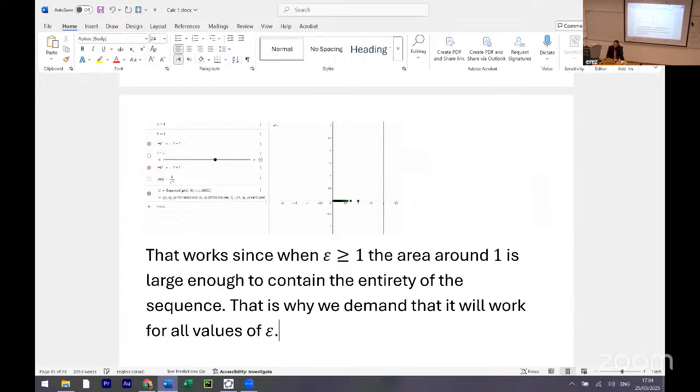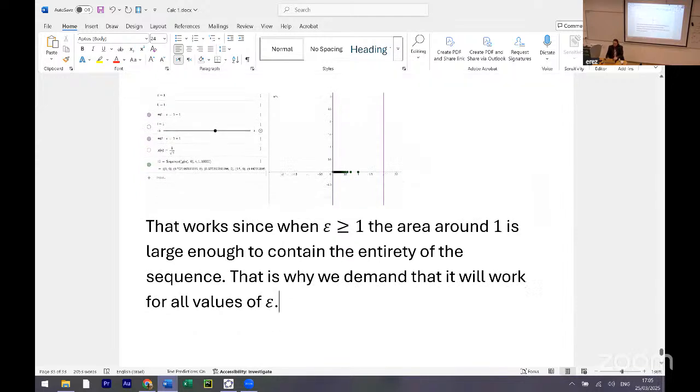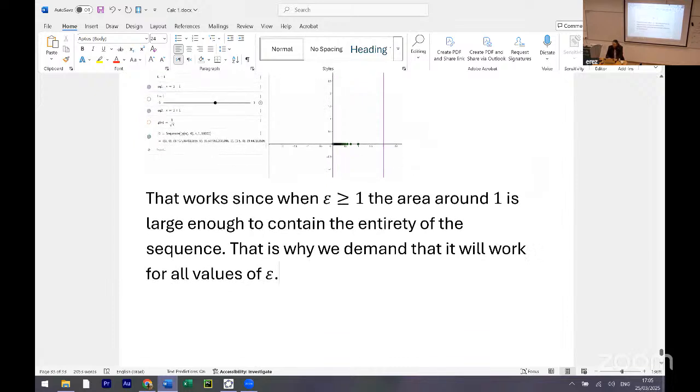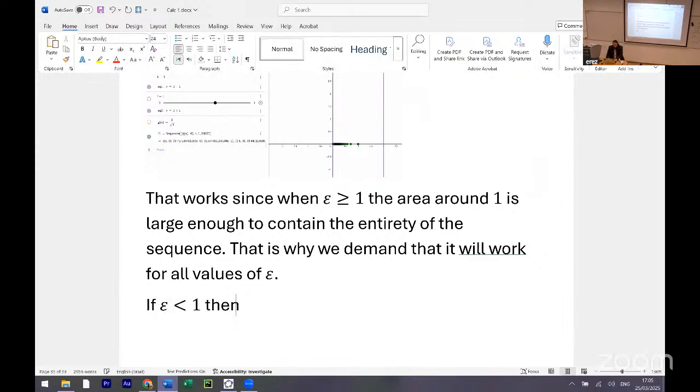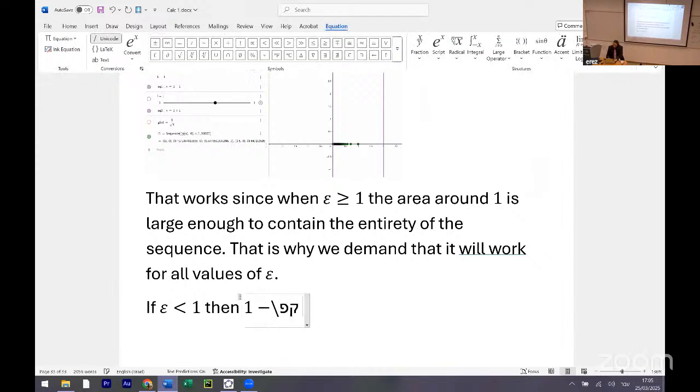It's not enough for it to work for larger than 1/1,000,000. You need it to work for every possible positive distance, as large as well as small. You understood me. Okay.